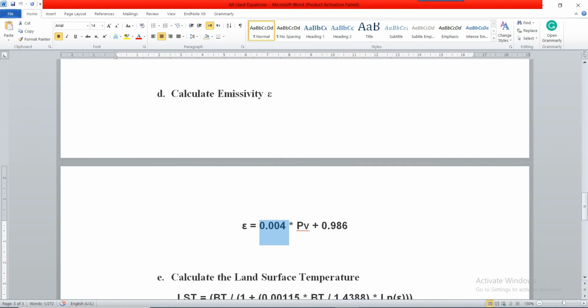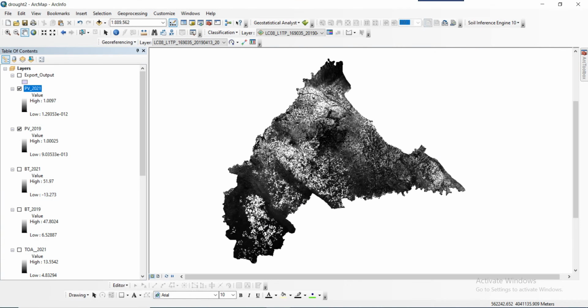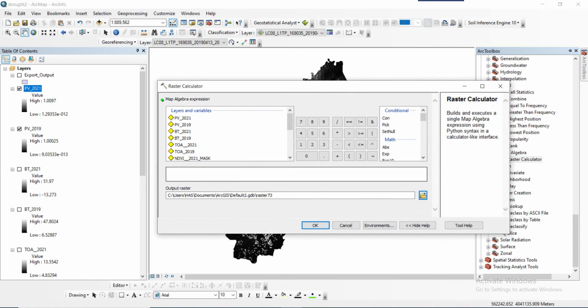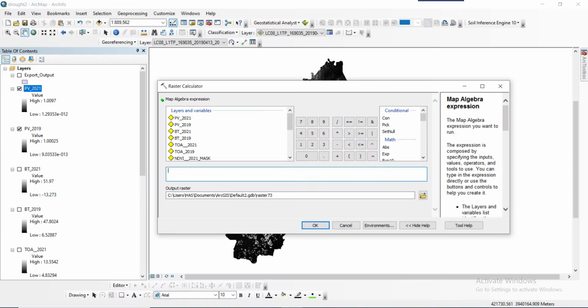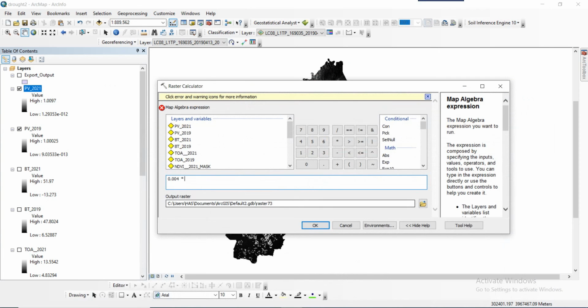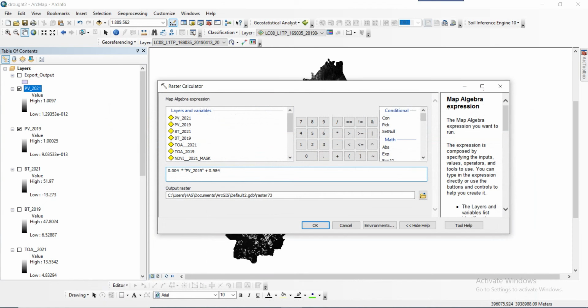So we're gonna go to the ArcToolbox again, raster calculator, multiplied by PV for 2019 plus 0.98636.